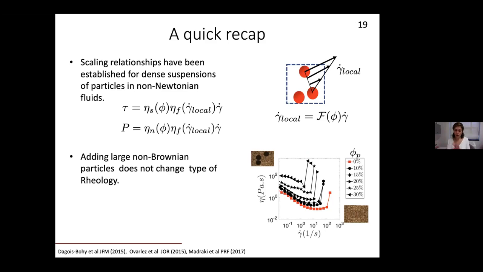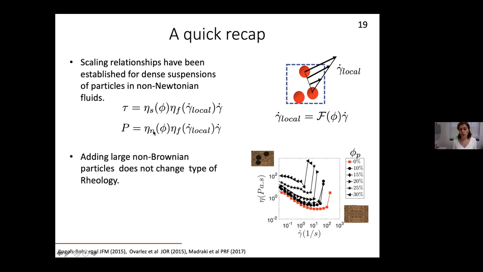So I think that's the whole conclusion of the story so far: we learned from our knowledge from colloidal science that the viscosity of a suspending fluid with a particulate system with colloidal interaction depends on the shear rate, and then we can bring that knowledge to understand how we can scale larger particles in a non-Newtonian framework.